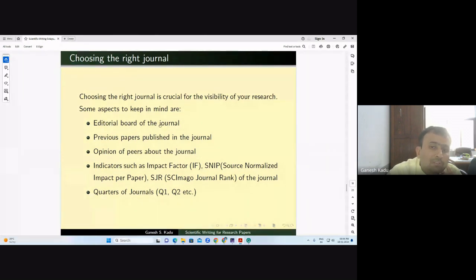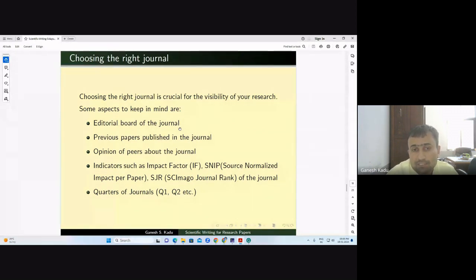Anyway, the editorial board is another thing you should look at. Let's say the editorial board consists of 10 members. You look at their profiles, what kind of researchers they are. If they are eminent people, then the journal is likely to be a good journal, right? Because the editorial board is what controls the quality of the journal, the kind of papers that are accepted, or the kind of papers that are sent for review.